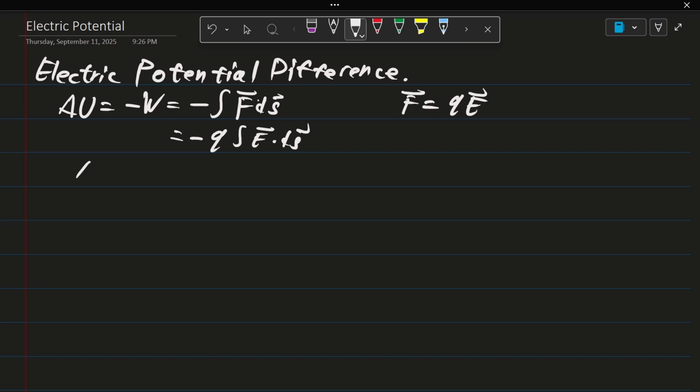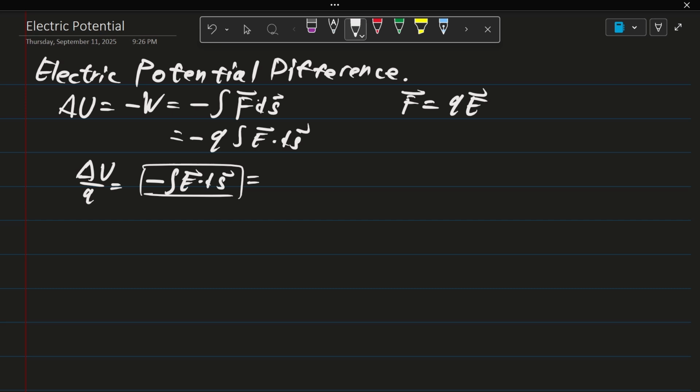That delta U over Q is something which you call the negative integral of the E vector dot ds vector. And just to note, if you remember that internal energy is a state variable, that means that this value here should also be a state variable, which means that you could only just give it a certain variable and you could know its entire system.